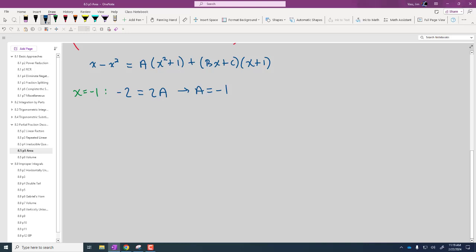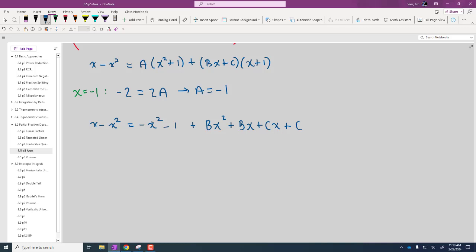So when we reshuffle, -1 is going in here for a, so that's -x squared minus 1. And then we should FOIL out this other stuff on the end. As soon as we find one of those unknowns, plug it back into the PFD equation.